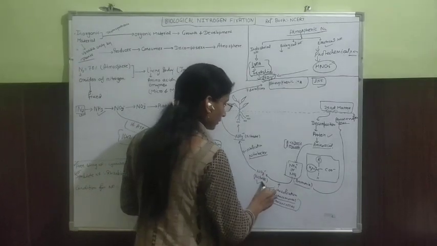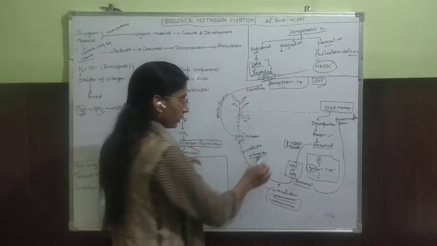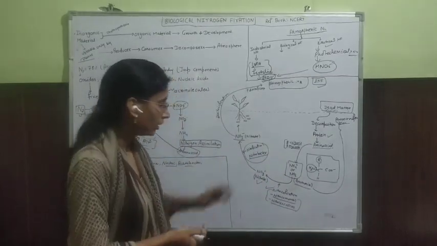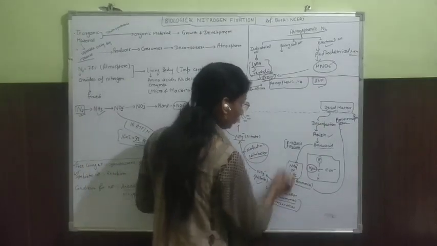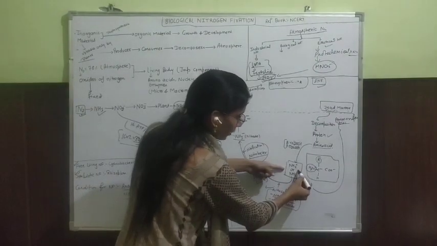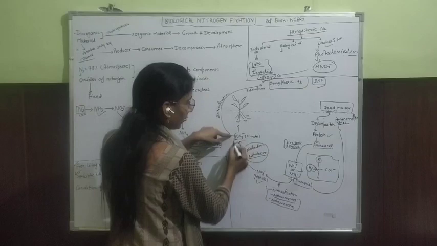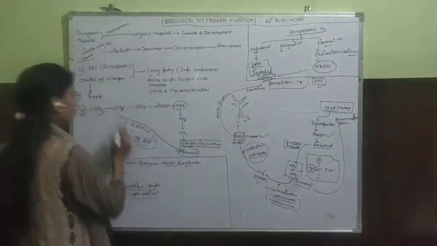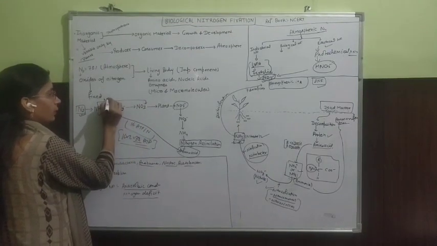The next is when nitrite is converted into the nitrate form, that is called nitrification, and the bacteria that help in this is Nitrobacter. So this whole process, when this NH3 compound, the ammonia, gets converted into nitrate, is called nitrification.